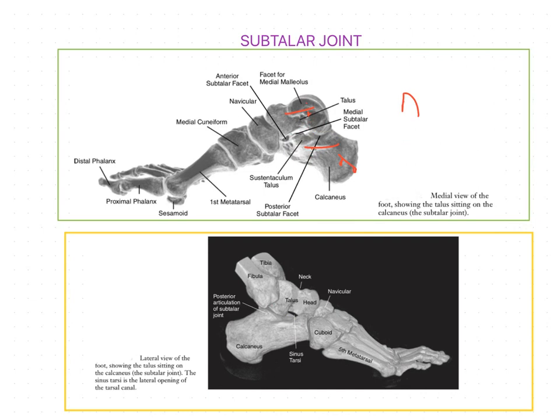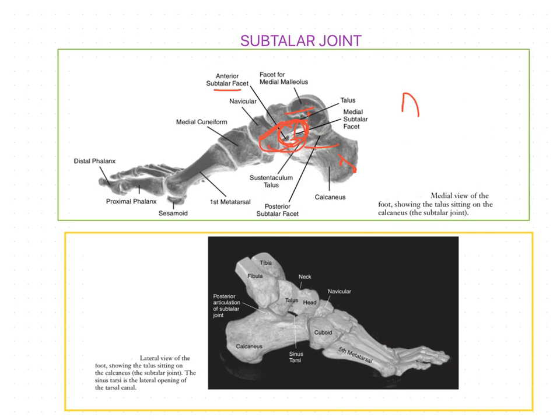The posterior one has its own capsule, whereas the anterior and medial facets share a single capsule. This capsule is also shared with the talonavicular joint. All these three share a capsule, but the posterior articulation of the subtalar joint has an individual capsule.